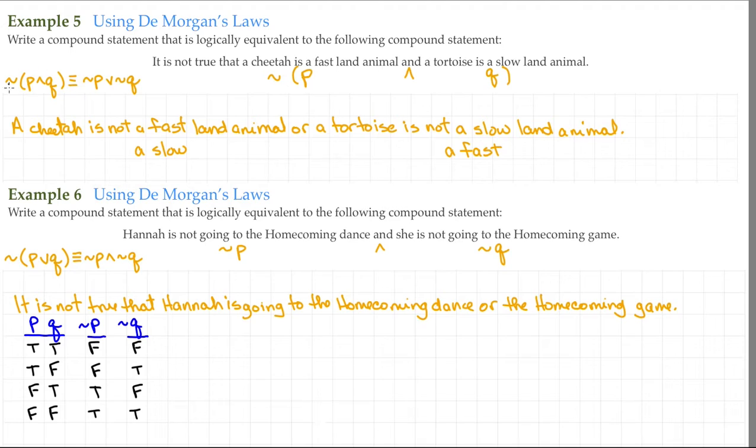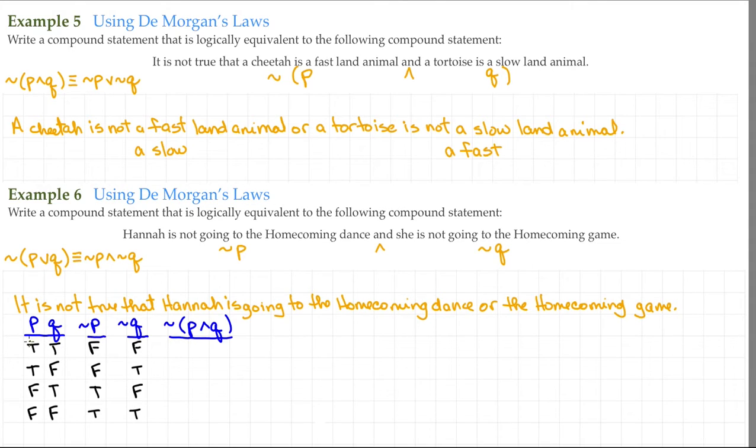Now for this one up here, I'm going to put in it is not true, P and Q, and I'm going to do it all at once. It is not true, P and Q. Now inside the parentheses here, this is a conjunction, P and Q. Both simple statements must be true for the whole thing to be true.